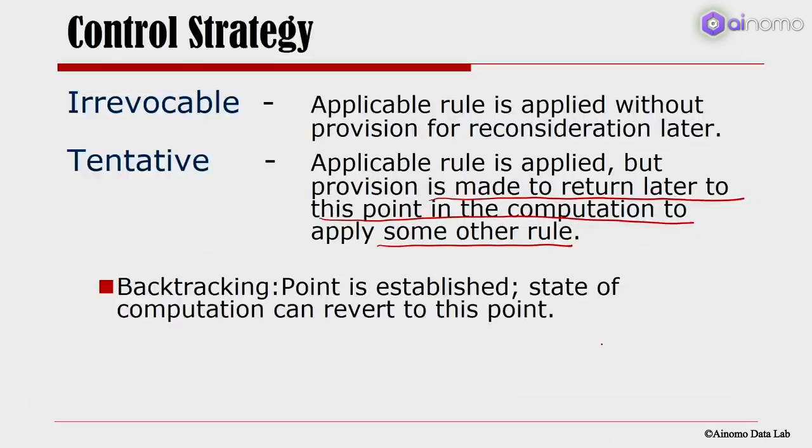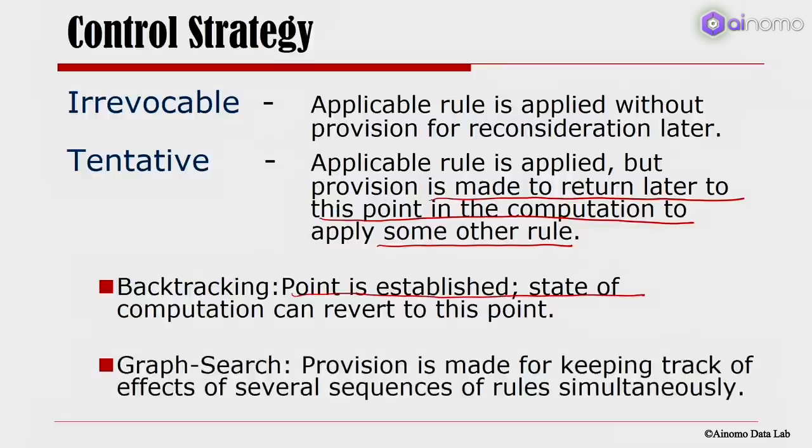Under tentative control strategies, we have backtracking, which is about establishing a point to which the state of computation can revert back if required. And we have the general graph search, where provision is made for keeping track of effects of several sequences of rules simultaneously, like the one that I showed you for the 8 puzzle game.